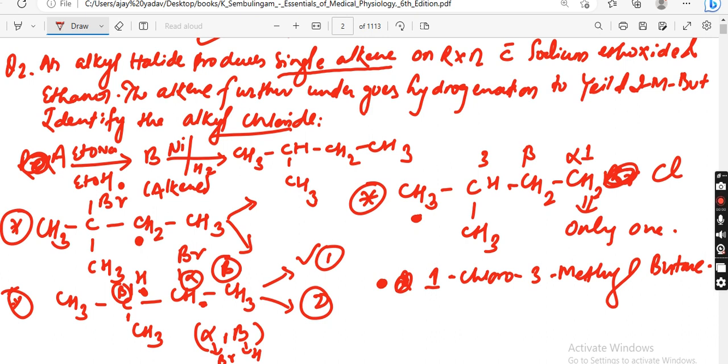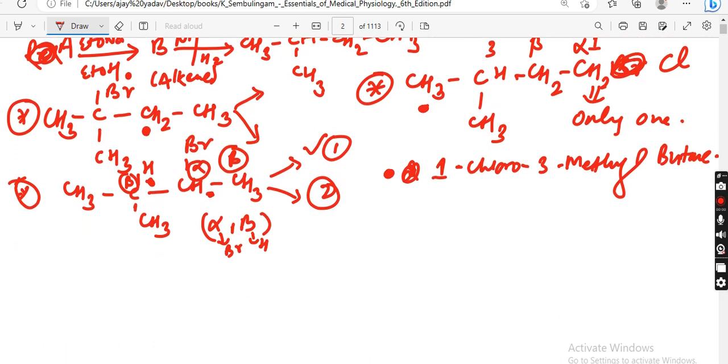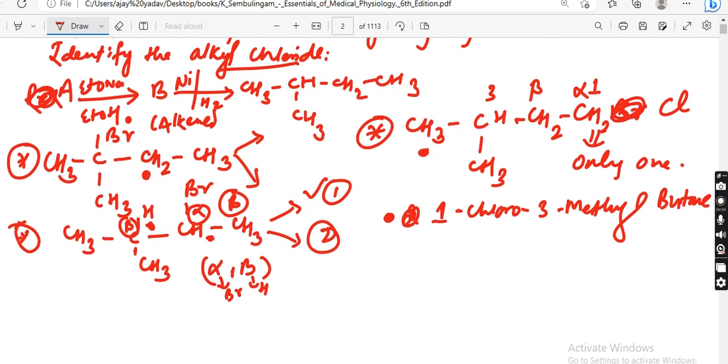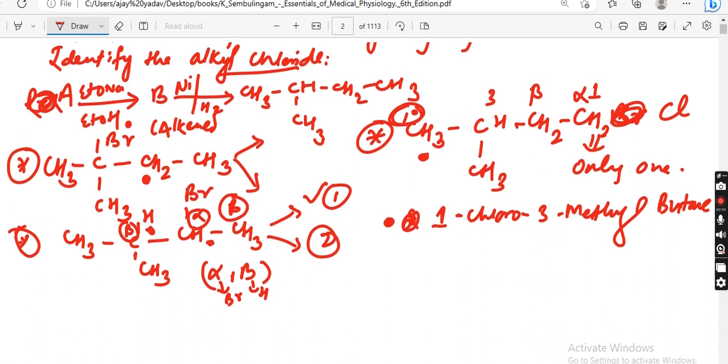You can think this way: it is simply a terminal, primary carbon. From the primary carbon the hydrogen would have been released, and there would have been a double bond.